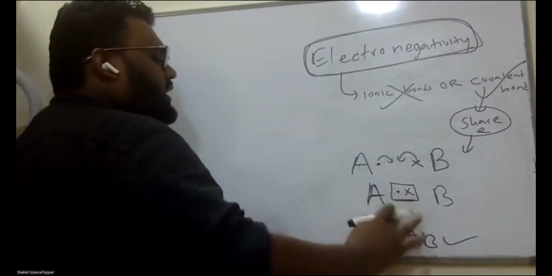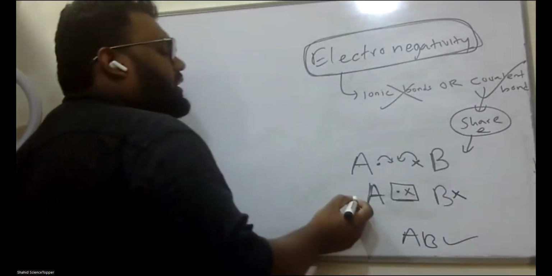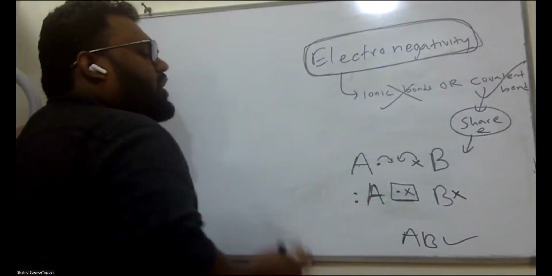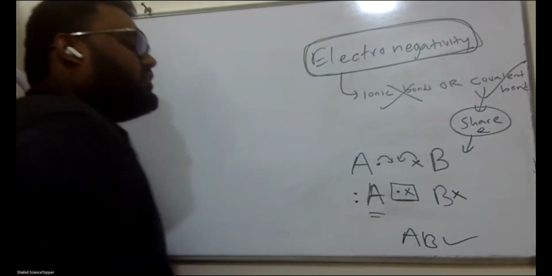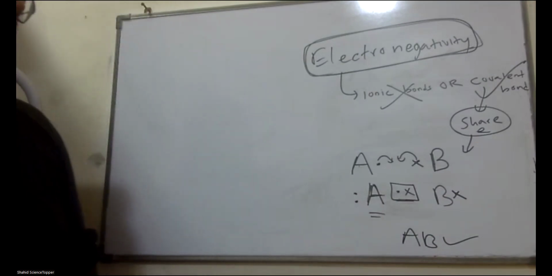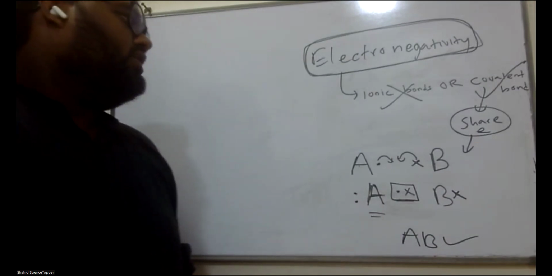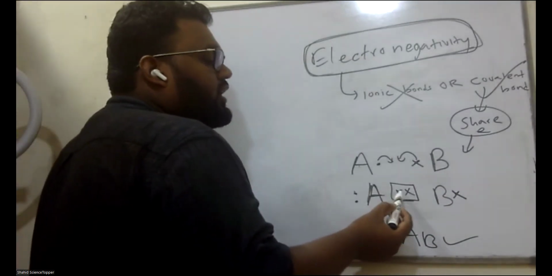And if I am drawing some electrons here and some electrons here, now if I ask you how many electrons A is having in total? 4. 1, 2, 3, 4.